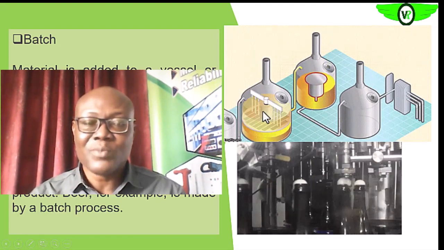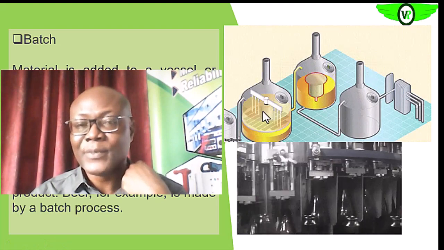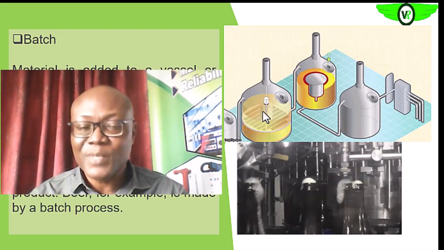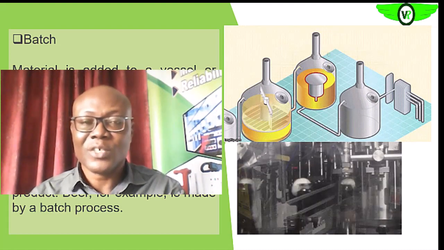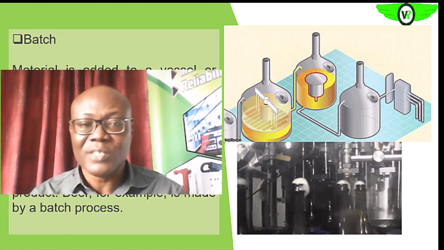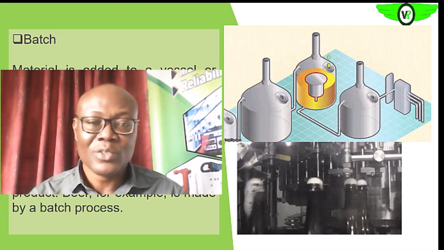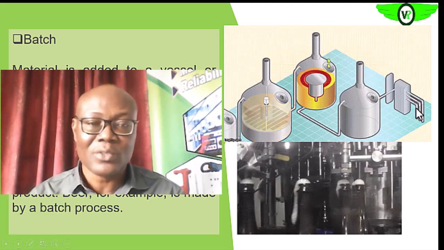So the process is going on in batches, and we expect that a specific product should come out from each batch, and then it is sent to another batch, subjected to a different condition, until we finally get our product out.